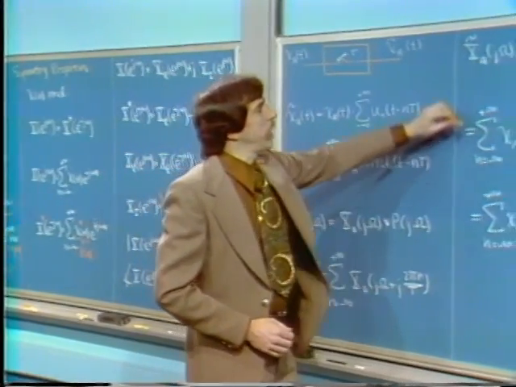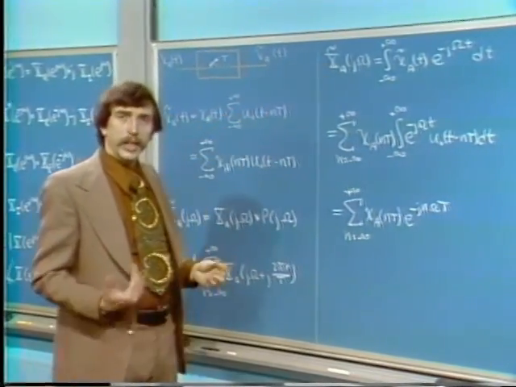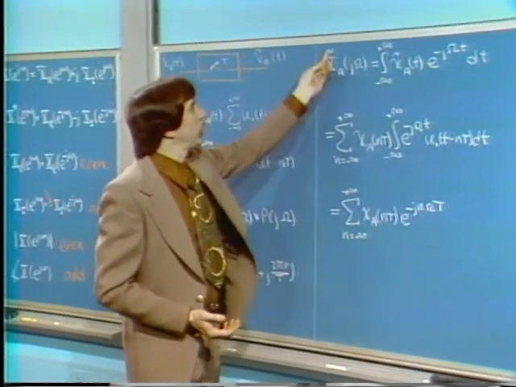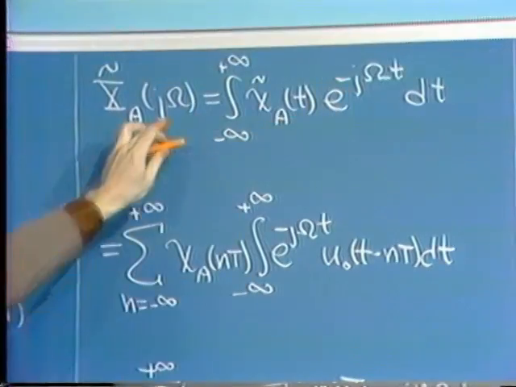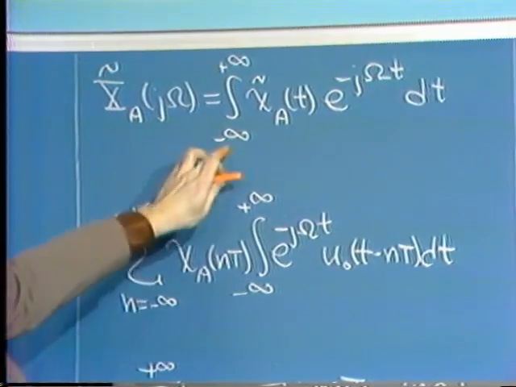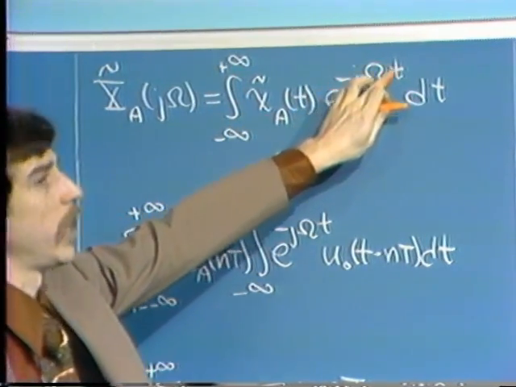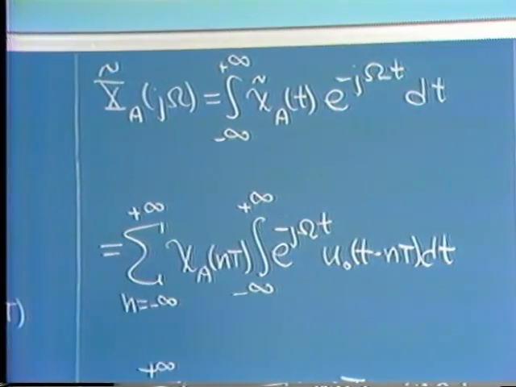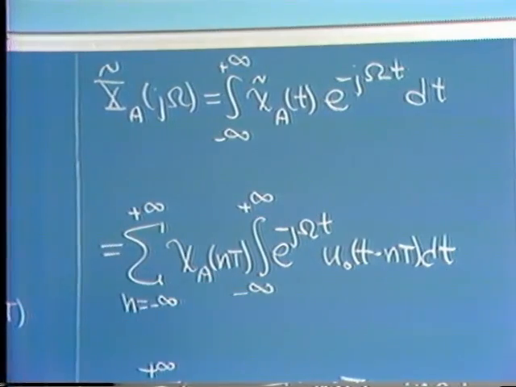Let's look at this now from a different point of view, again looking at x sub a tilde of j omega. Well, x sub a tilde of j omega is the integral of x sub a tilde of t e to the minus j omega t dt. Substitute in for x sub a tilde of t the relationship in terms of an impulse train and interchange summation and integration.